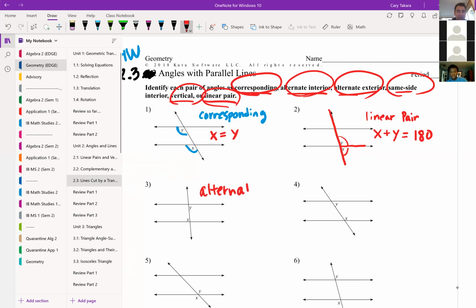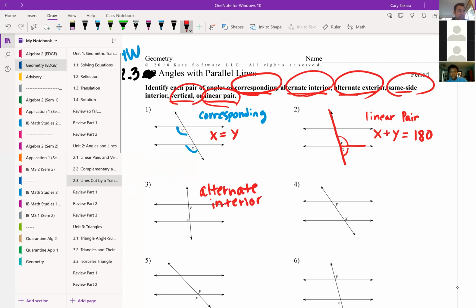Alternate interior. Now, what is the relationship between X and Y? Look into the alternate interior angles. What's the relationship between the two angles? Are they equal to each other or do they add up to be 180?